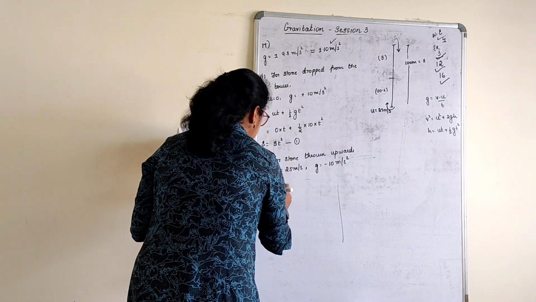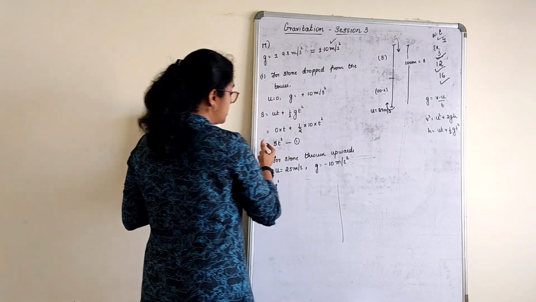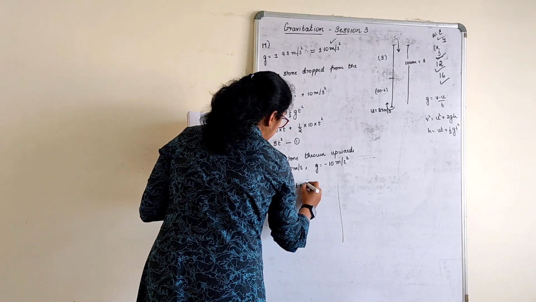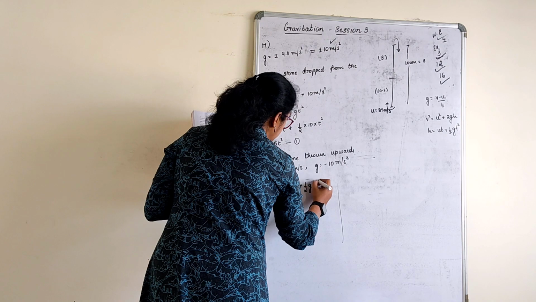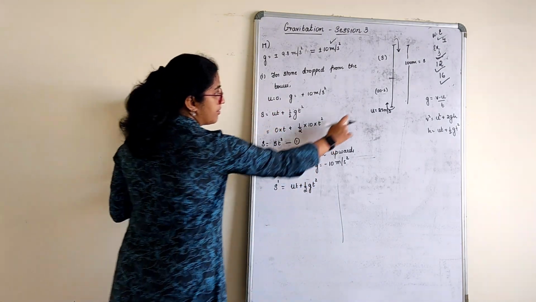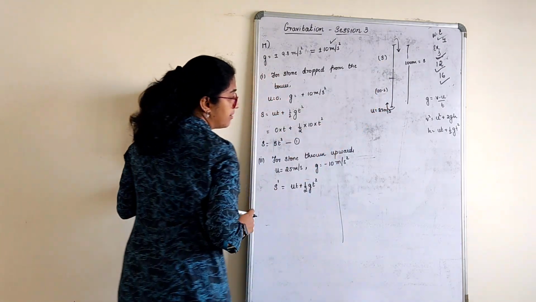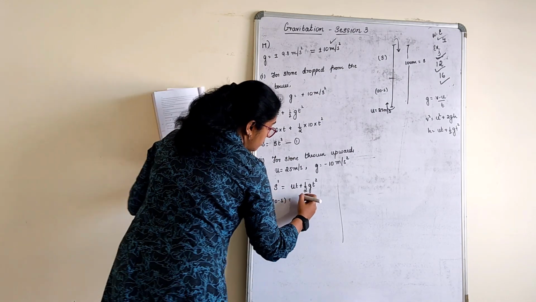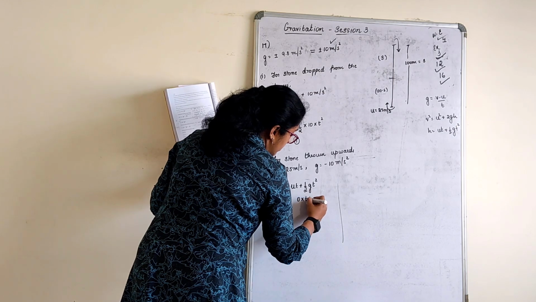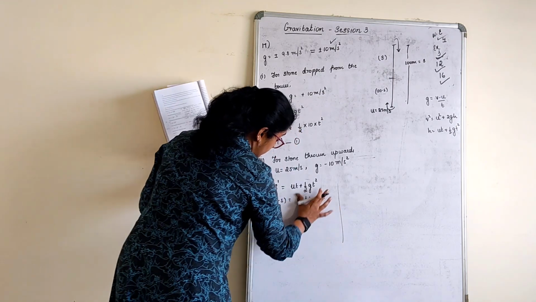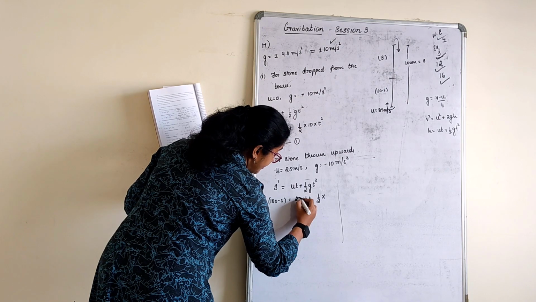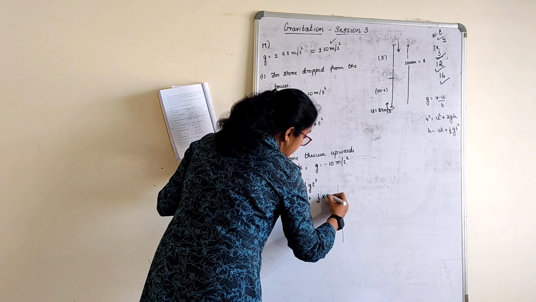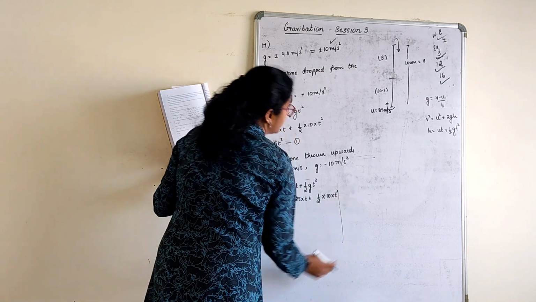So let me just substitute now. s dash I will take, because this was s and this is another part. s dash is equal to ut plus half gt square. What is s dash, children? This was s and this is 100 minus s, right? 100 minus s is equal to 25 into t, because u is 25, plus half gt square, 10 into t square.